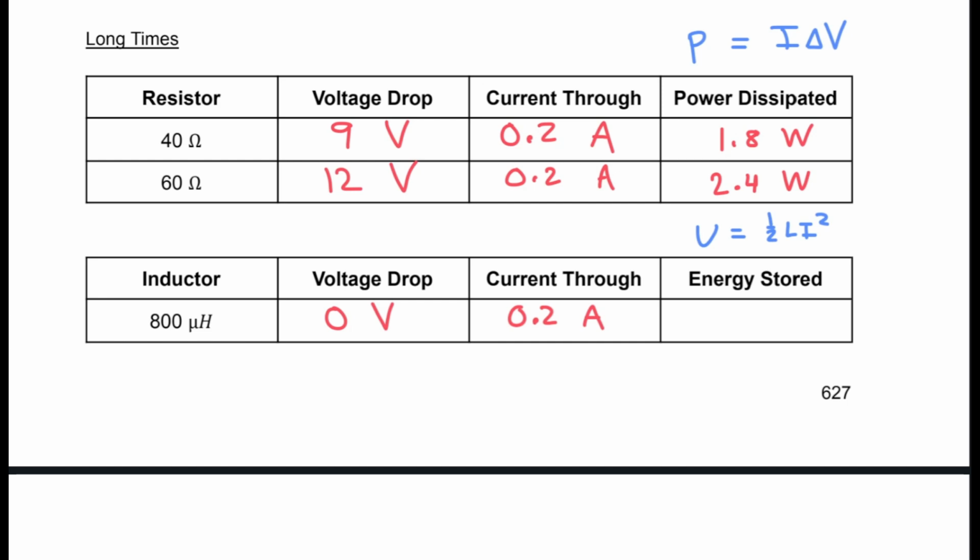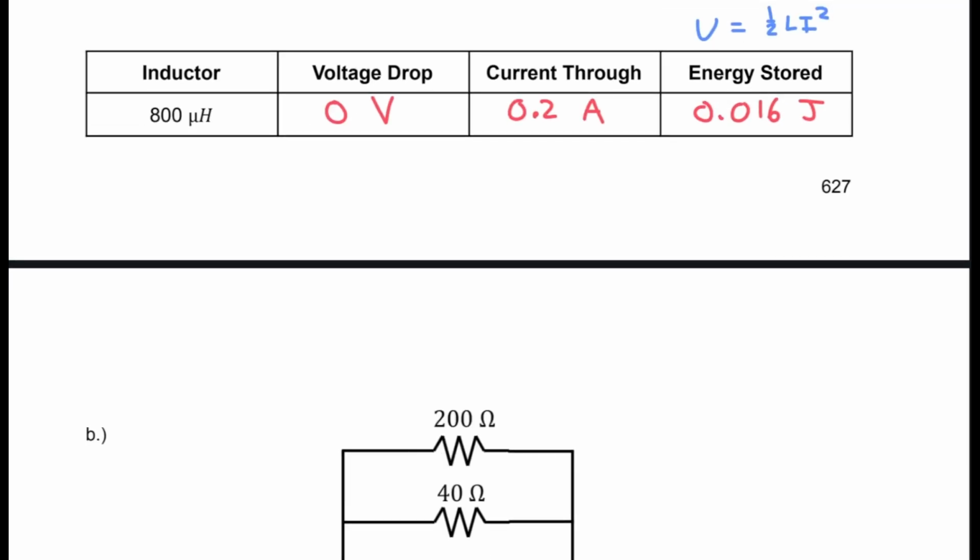So working that out, that gets us, let's see here, 0.016 joules. So that's everything with that circuit.